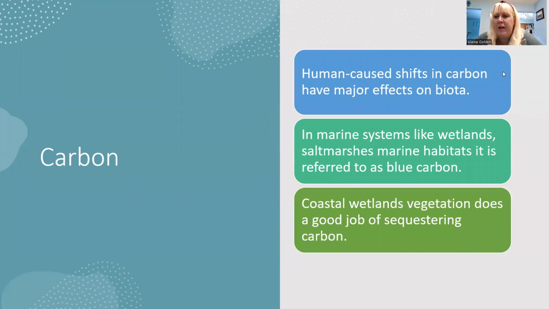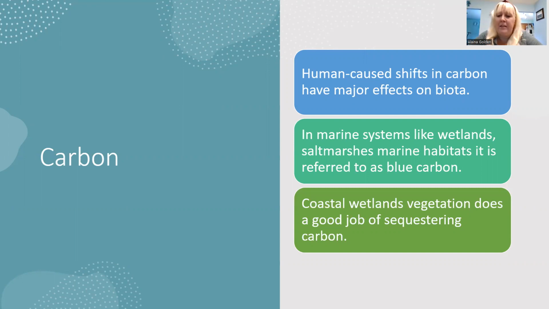And carbon, it's worth mentioning carbon. I kind of mentioned it a little bit earlier. Human-caused shifts in carbon have major effects on biota, right? We know this. Carbon's a major problem from pollution. But in marine systems like wetlands and salt marshes and other marine habitats, we call it blue carbon.